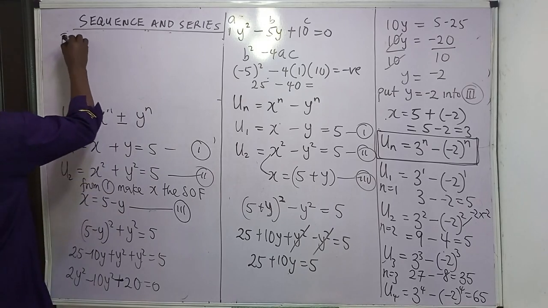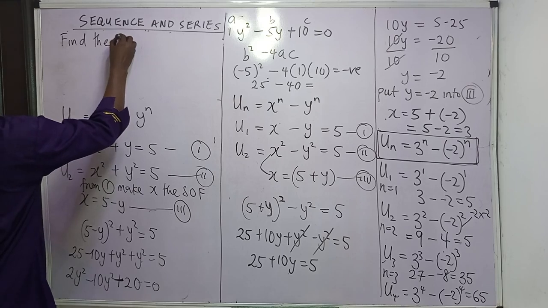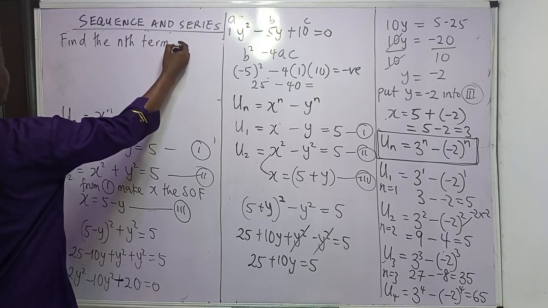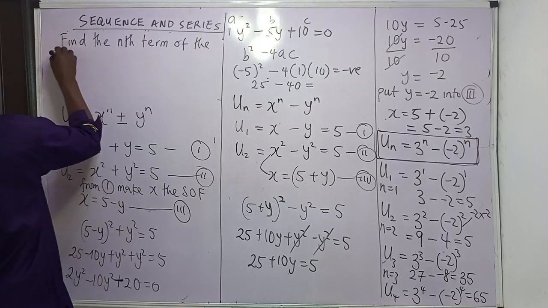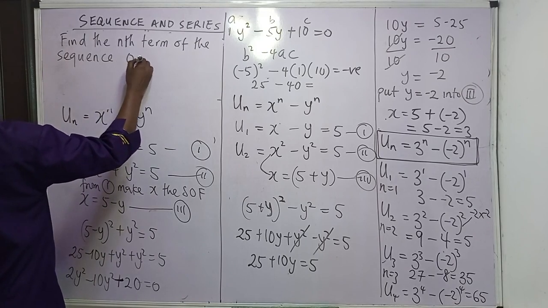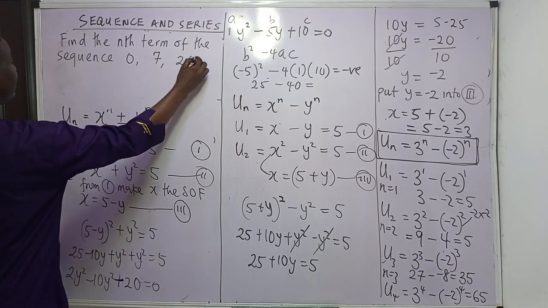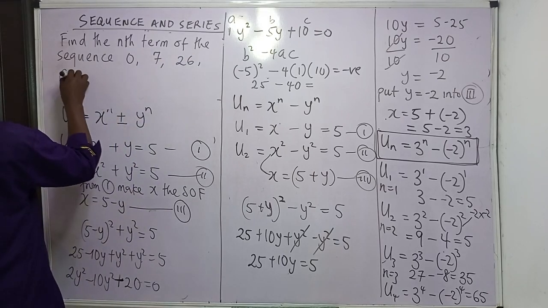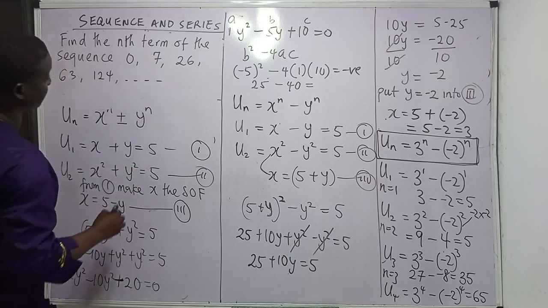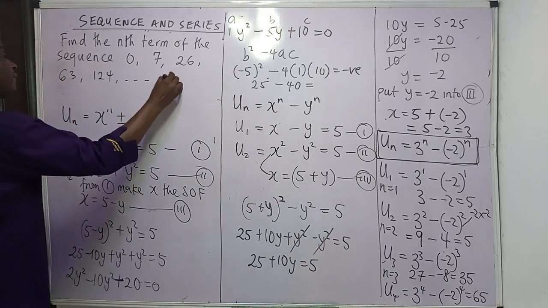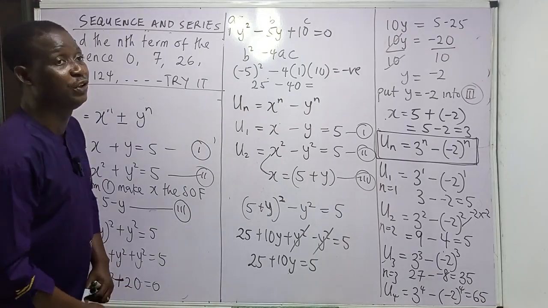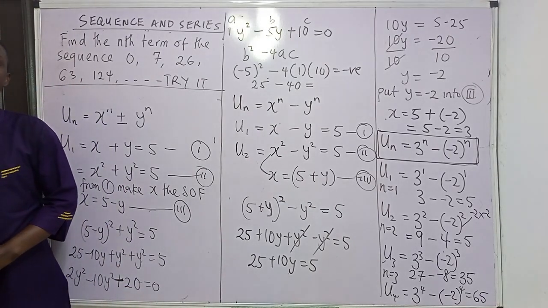So find the nth term of the sequence 0, 7, 26, 63, and 124. This is a question given to us. Try it. And after trying it, please watch the next video to see whether your answer is correct.